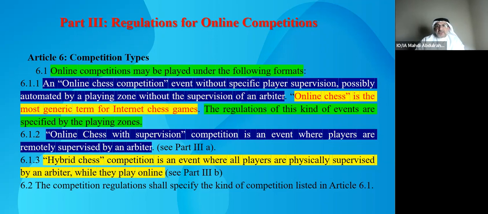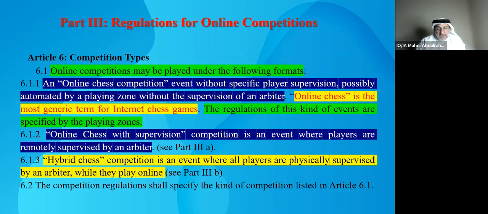The regulation for this kind of event is specified by the playing zone. Then we have supervision. Hybrid chess competition is an event where all players are physically supervised by the arbiter while they play online.